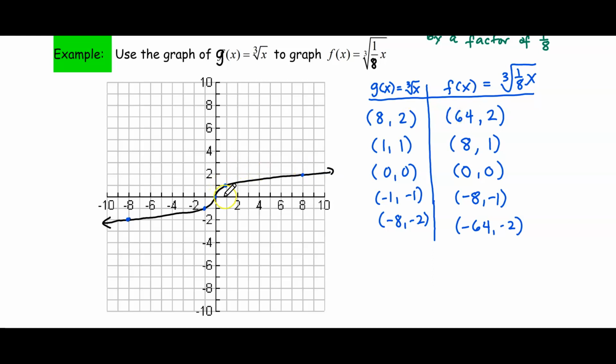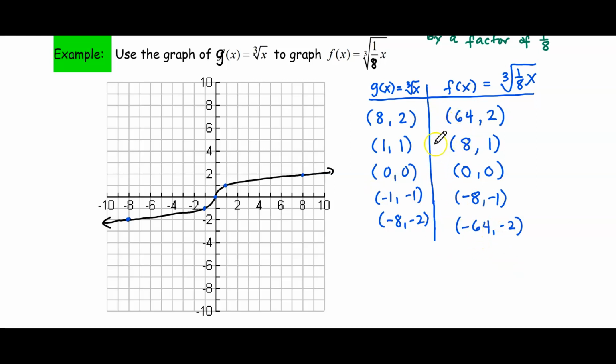So this graph here will be stretched horizontally by a factor of 8, because from 8 it goes to 64. From 1 goes to 8. You look at the x coordinate. From -1 goes to -8, and from -8 it goes to -64. So the graph of the new function would be the graph that you would be able to determine by just plotting these points here.